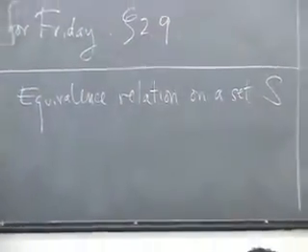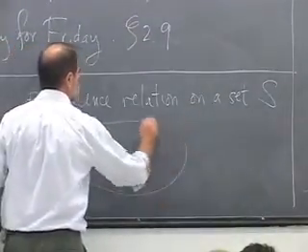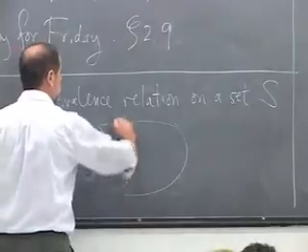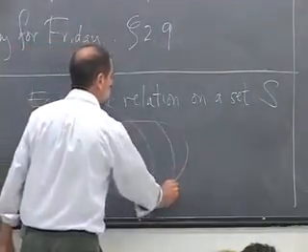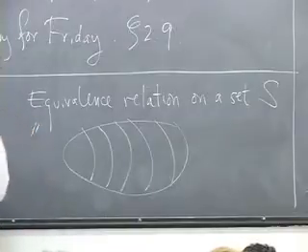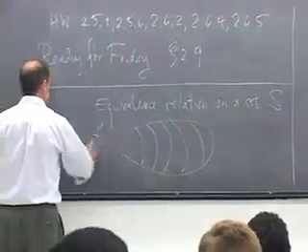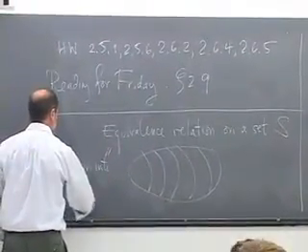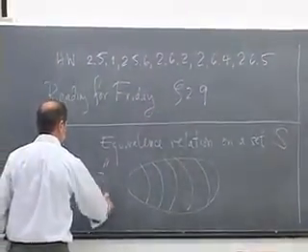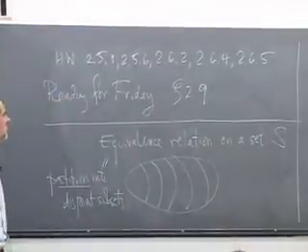And what an equivalence relation essentially is, is a partition of the set into disjoint subsets whose union is the set. Partition means that the union of the disjoint subsets is the set.